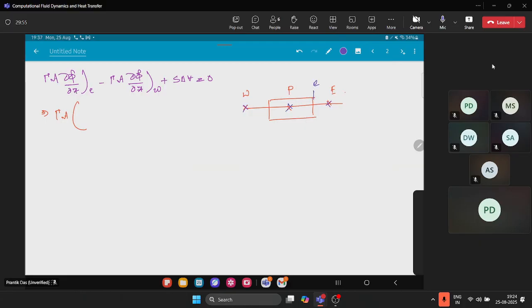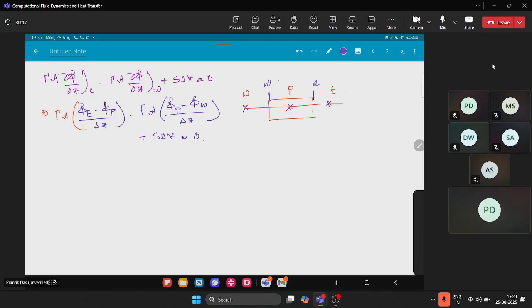And this is small e and this is small w. So this is (phi_e minus phi_p) divided by delta x, minus gamma a (phi_p minus phi_w) divided by delta x, plus S delta V equal to 0.